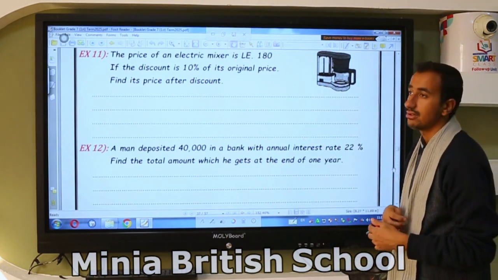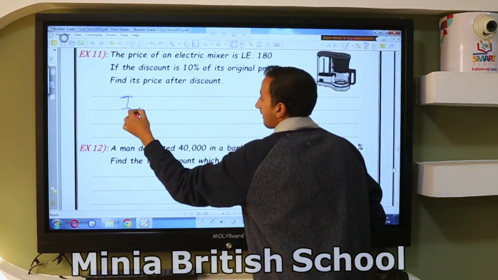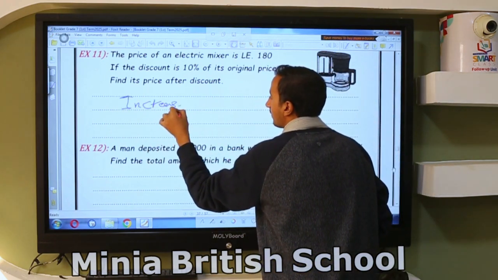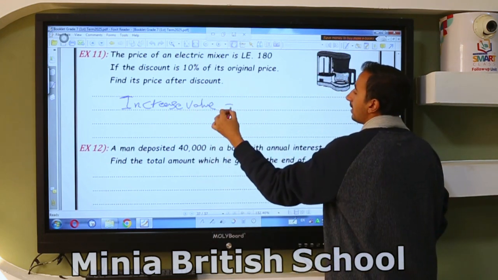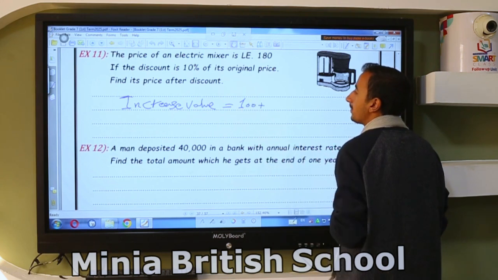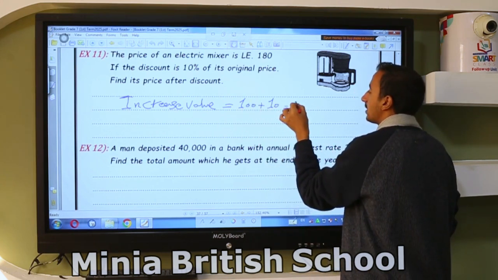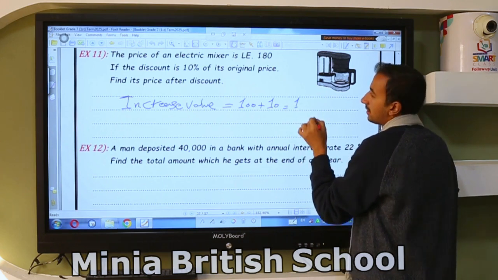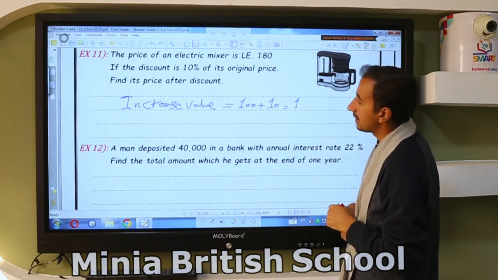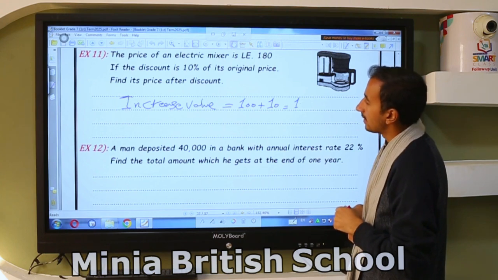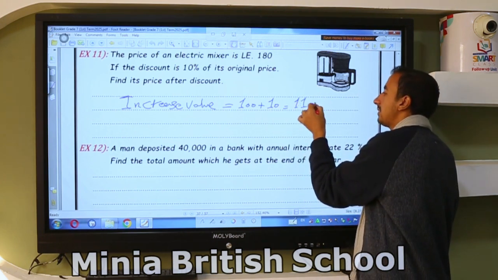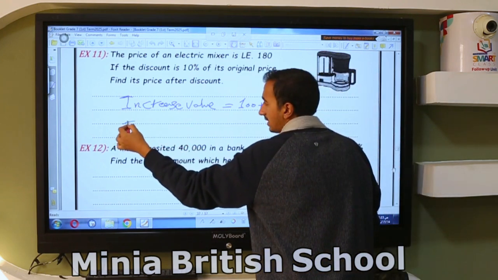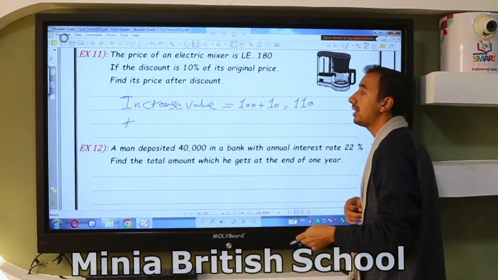You can find the increasing value by another way. Here increasing value equals 100 plus 10 equals 110. I need the price after discount. Yes, increasing here 110. So the price after the discount, I need the discount.